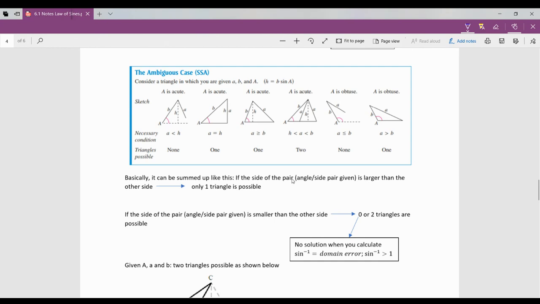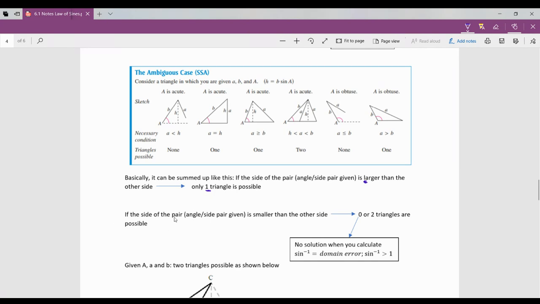If the side of the pair that you're given is larger, and an L looks like a 1, larger than the other side, then there's only one possible triangle. So if the side of the pair is larger, think larger, starts with an L, kind of looks like the number 1, there's only one triangle possible.